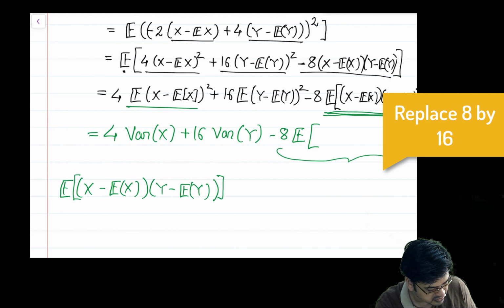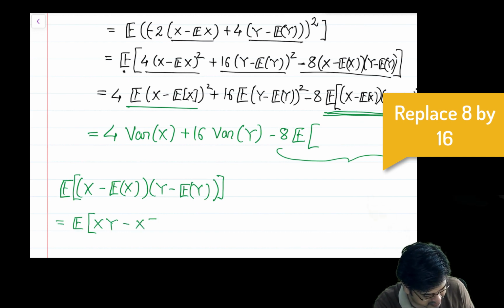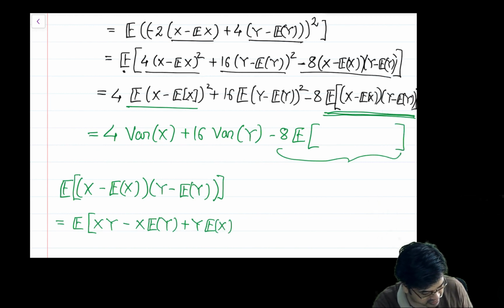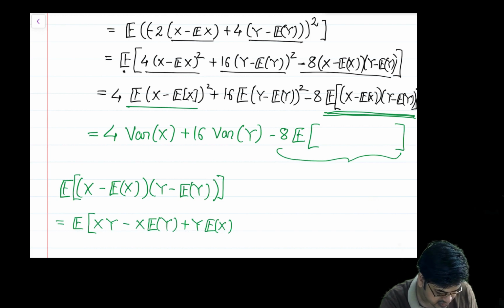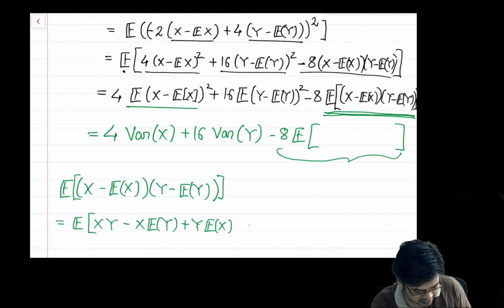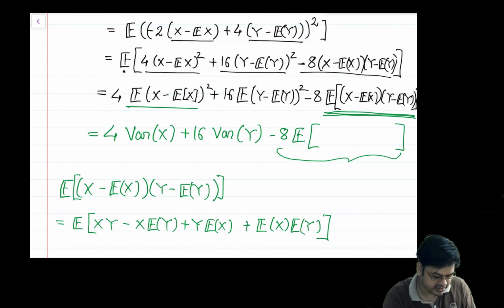Here what I will get is expected value of xy minus x times expected value of y plus y times expected value of x, and then finally I will get something which is minus minus, so minus expected value of x into expected value of y, but both are minus signs, so this will be plus.